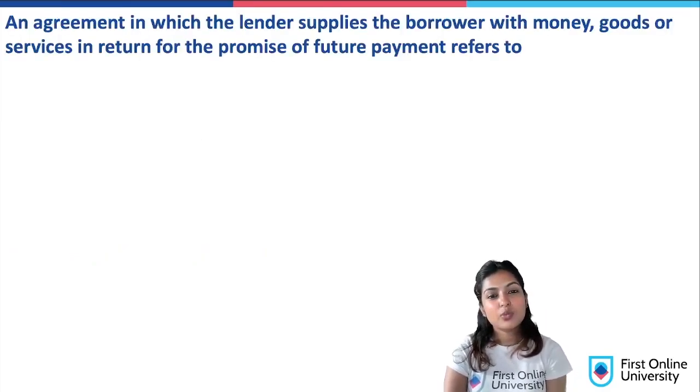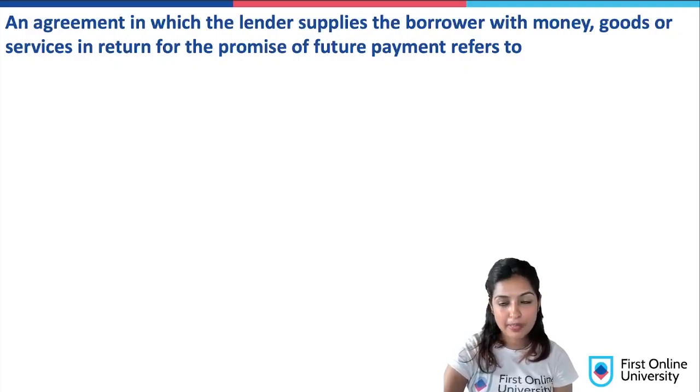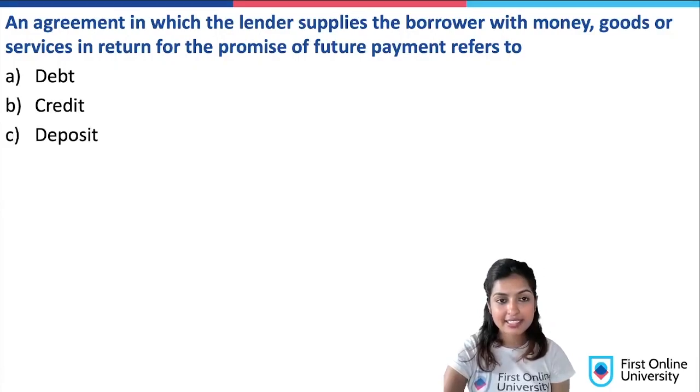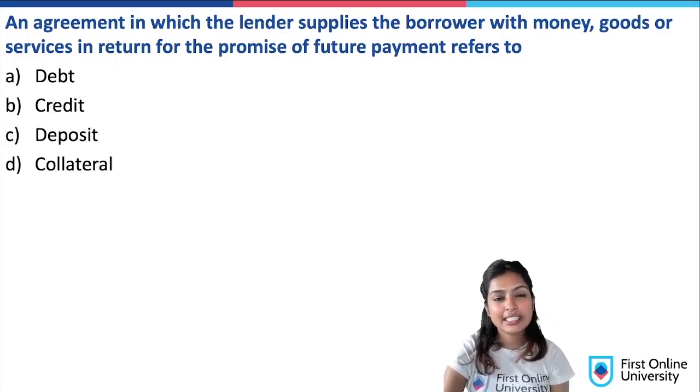An agreement in which the lender supplies the borrower with the money, goods, or services in return for the promise of future payment refers to A. Debt. B. Credit. C. Deposit. D. Collateral.